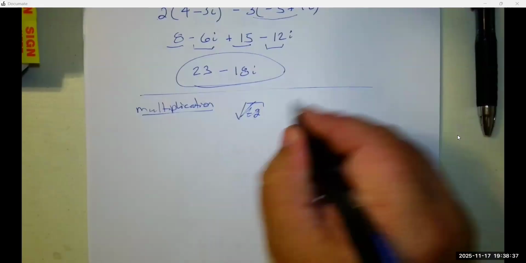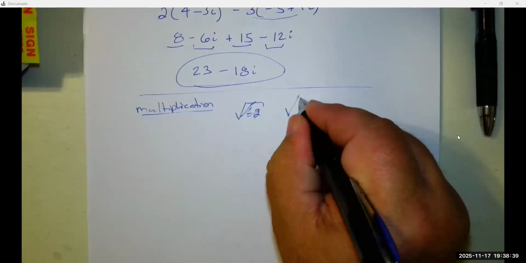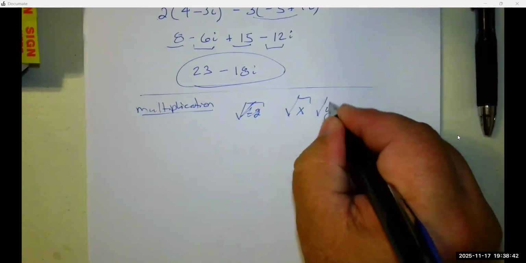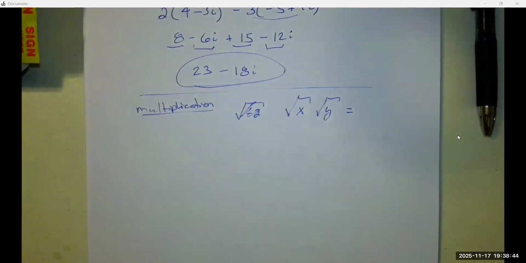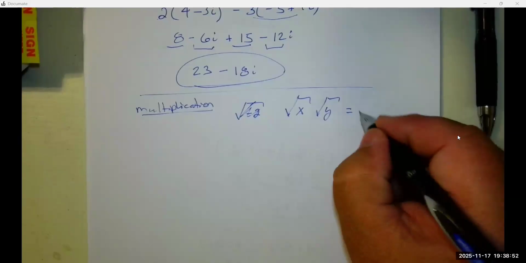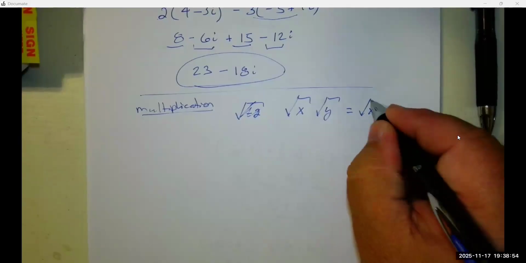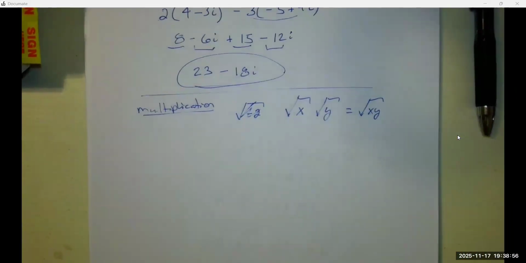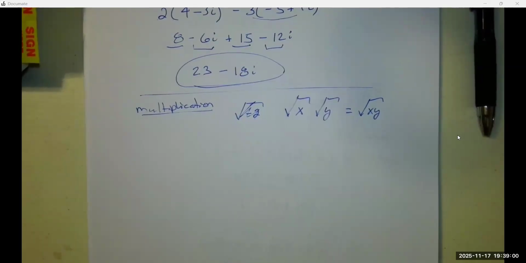Well, the rule of radicals or exponentials says this: since these are both square roots and they're multiplied, I can combine them like this. True, except when it comes to complex numbers.